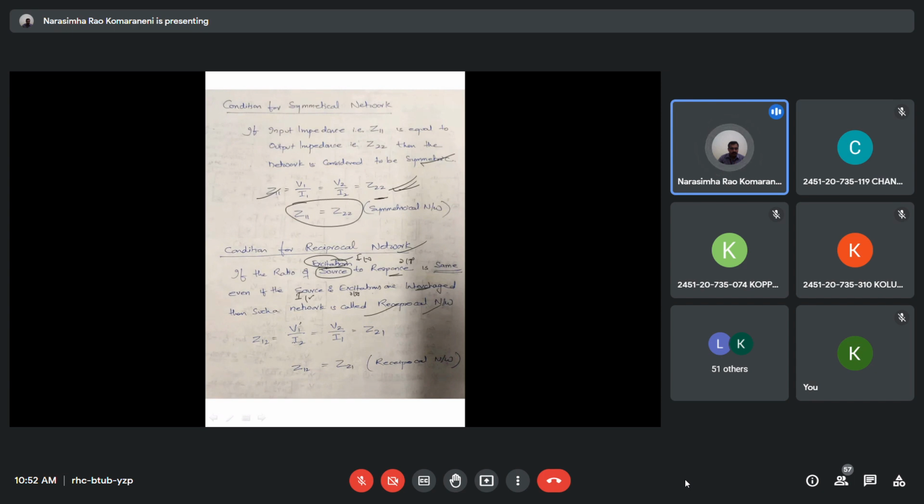So that is V1 by I2 equal to V2 by I1, that is Z21 equal to Z12. This is called the reciprocal condition for the two-port network.